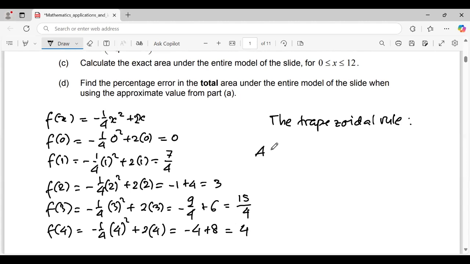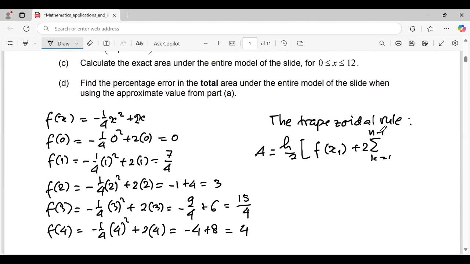It is A = h/2 times f(x1), okay, f(x1) is 0, and then plus 2 times the sum from k = 1 to n minus 1.